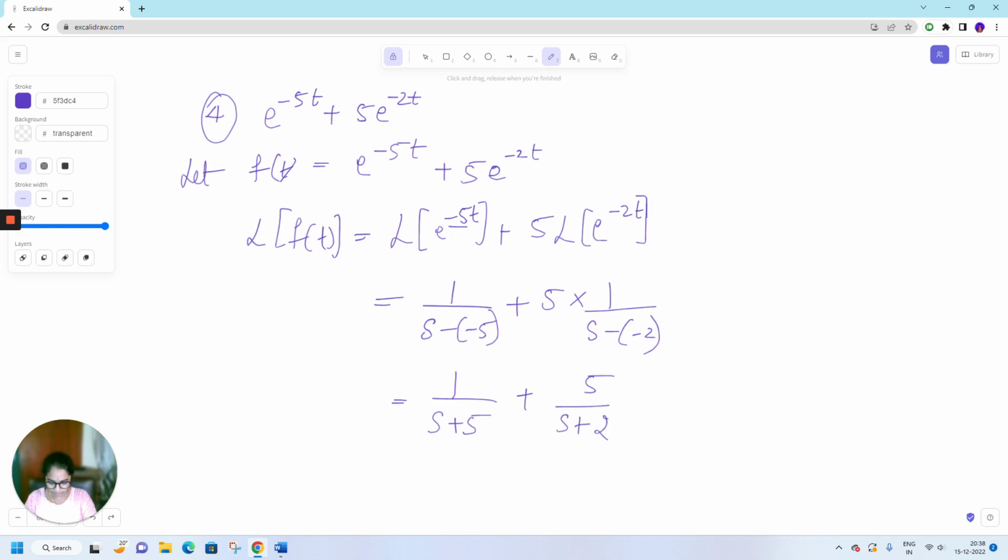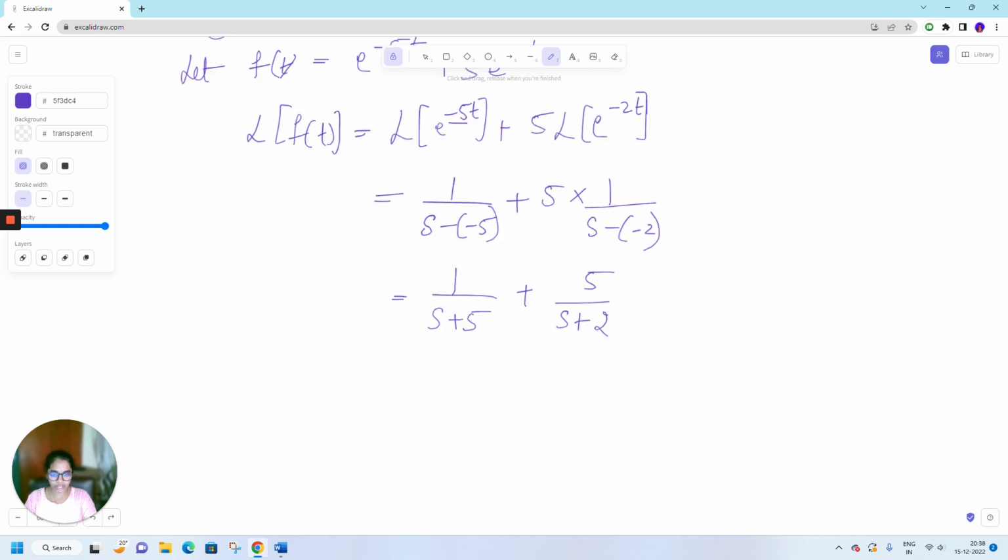Now what will we get if I take LCM? Can I take LCM? Yes, obviously I can take LCM. That would be s plus 5 into s plus 2, cross multiply because we have different terms, right? So I will get s plus 2, plus 5 into s plus 5. What is the value of this?